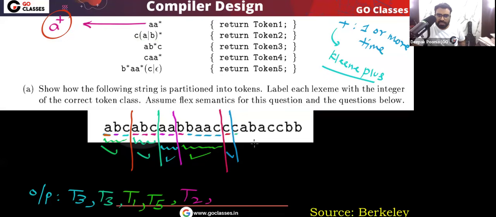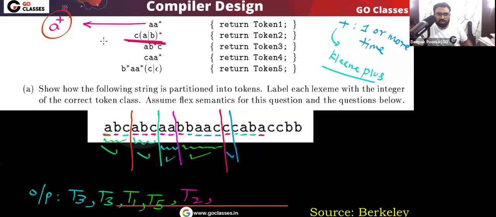Next, this C, you can see this is in the race, this is in the race. Now after that, you can see CA. Very good. This is in the race, this is in the race. After that, CAB. Now this is out of the race, because in the fourth regular expression, there is no symbol B. But this is still in the race. Yes or no? This CAB, this is still in the race. Then CABA.